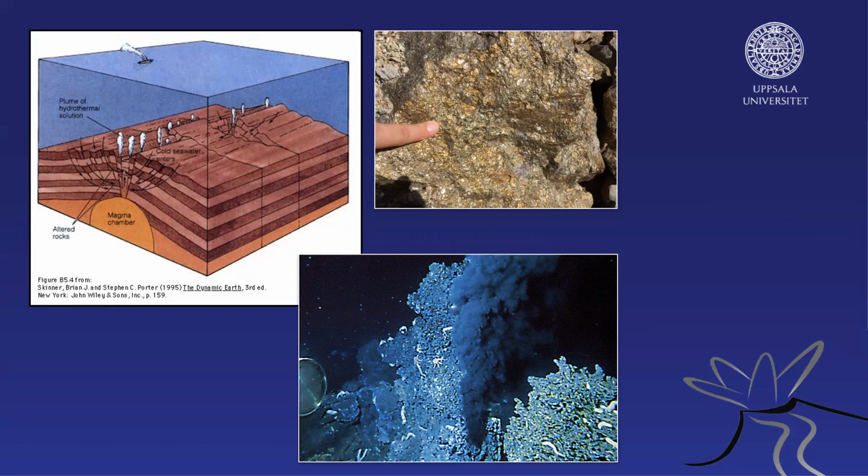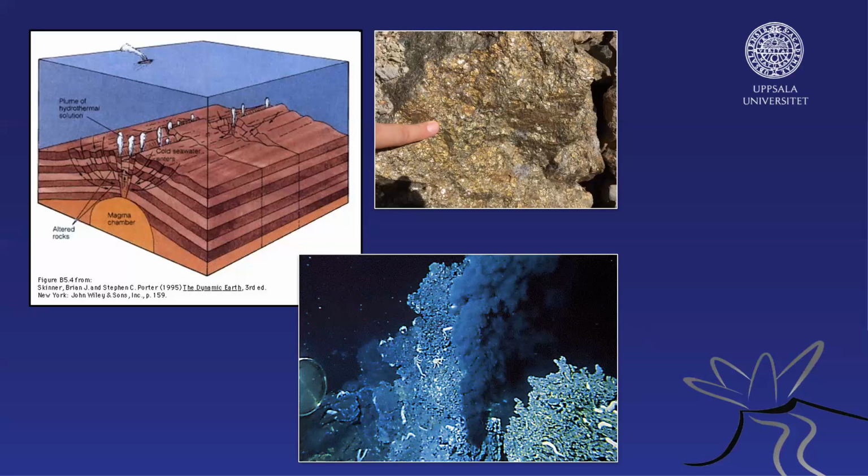How it works, we have a mid-ocean ridge. We have two tectonic plates that are splitting apart. And just beneath the ridge, we have a magma chamber producing a lot of magma. Because the two plates are pushing in different directions, you have a lot of fractures. This is what you see here.